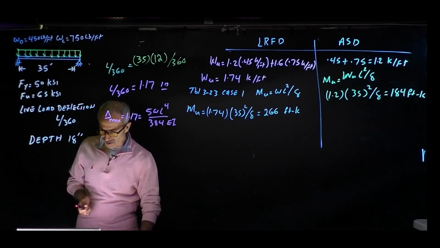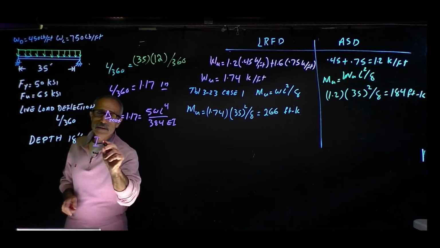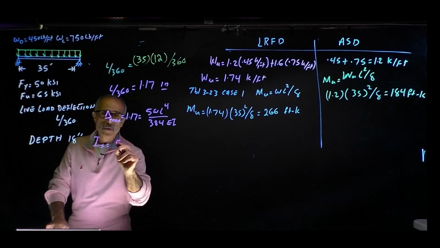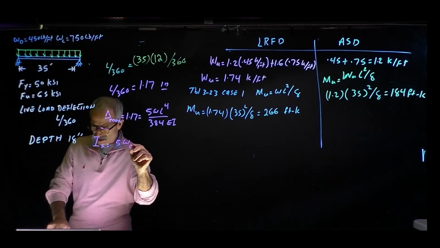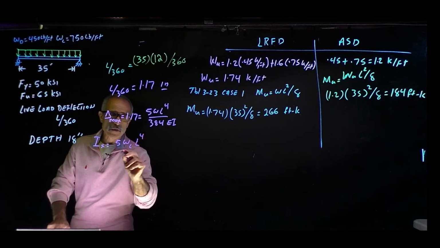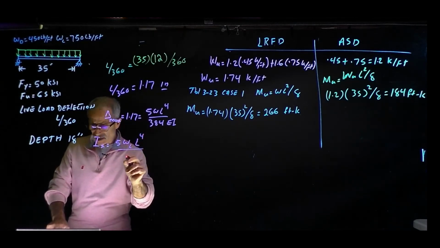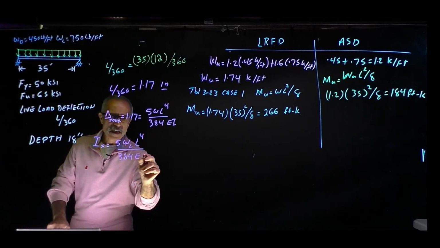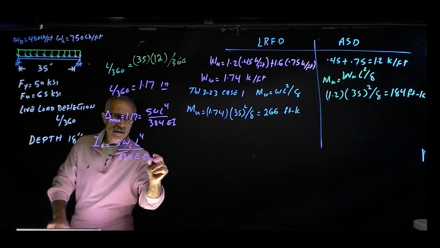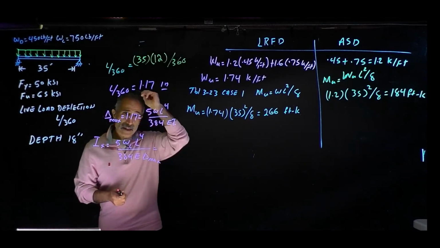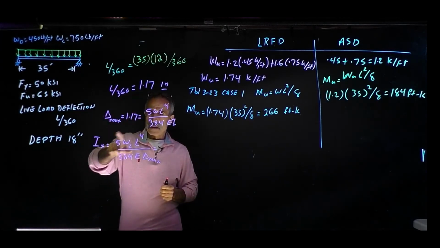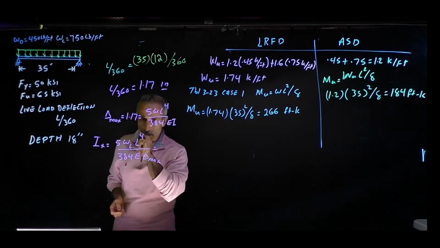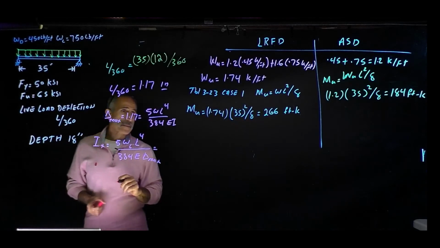So we want to know what I is going to come out to. Ix is equal to 5WL to the power 4, divided by 384 E delta max. We can calculate our moment of inertia.